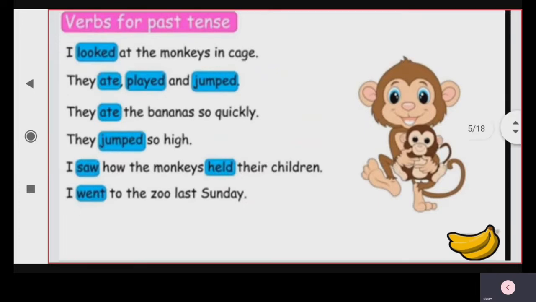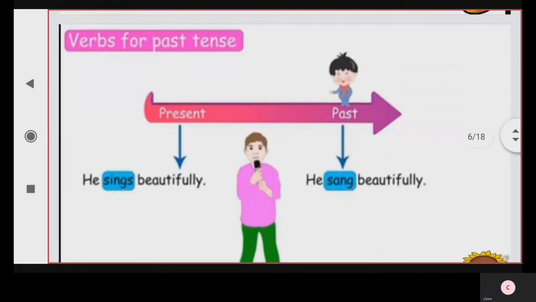Let's see some more examples. Present, past. He sings beautifully. Here the verb sings shows present tense. He sang beautifully. Here the verb sang shows past tense.